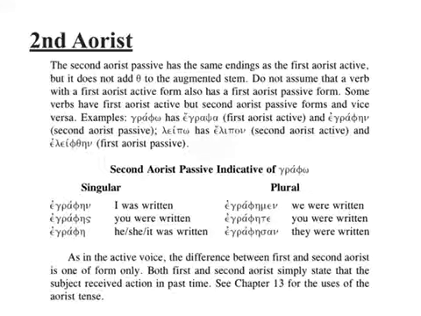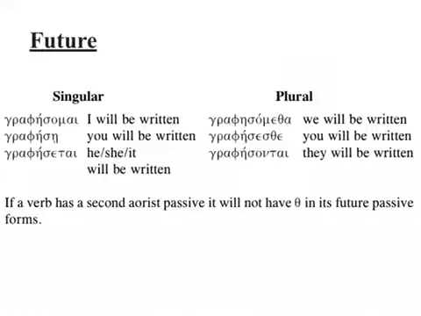If you can recognize that this is second aorist from your vocabulary, and you'll see the eta right there, it's a clue that that is passive. So the future would be the same thing, graphesamai, which would be I will be written.